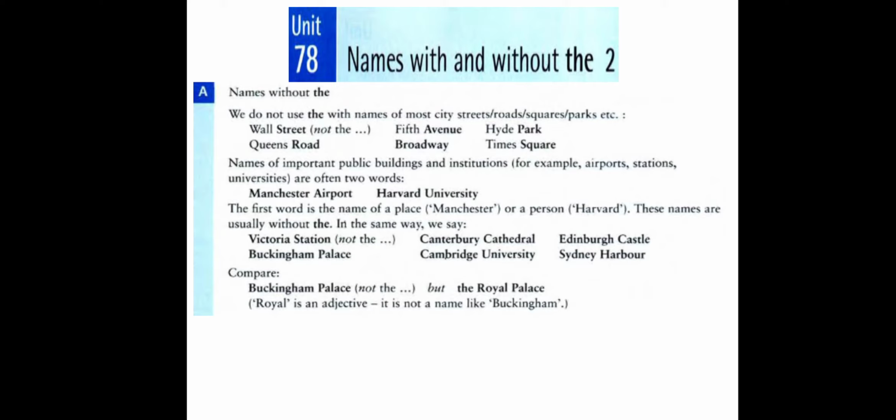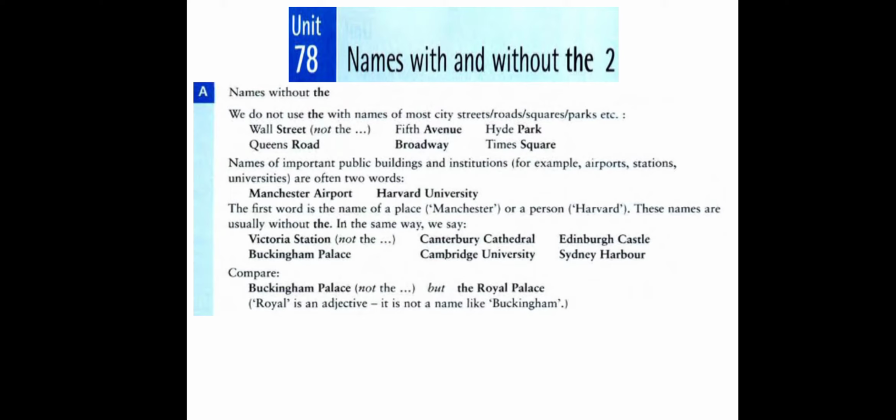Names of important public buildings and institutions, for example airports, stations, and universities, are often of two words. When they are formed of two words, and the first word is a name of a person or a name of a city, then we don't use the article the. For example, Victoria Station: the first name is Victoria, a name of a person, so we don't use the article the. Buckingham Palace: the first word is a name of a city.